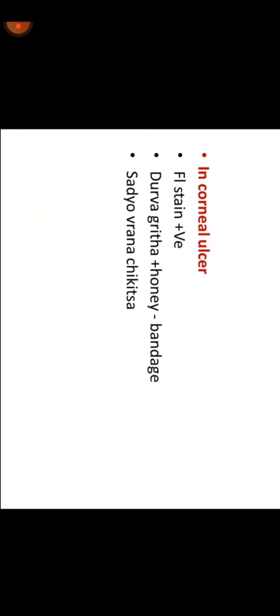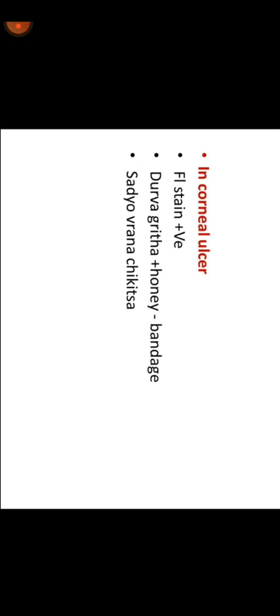So in this we have discussed, in corneal ulcer, the first line of management is to find out the extent of that ulcer, whether it is single or multiple, just like superficial punctate keratitis, as a part of contact lens wearing or due to some viral infections.